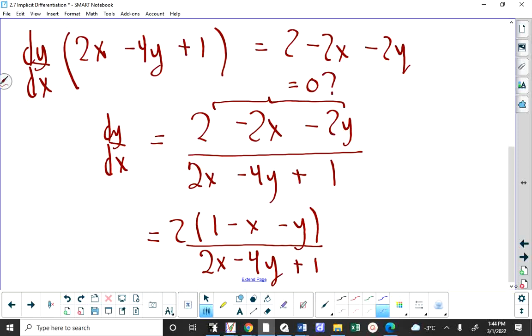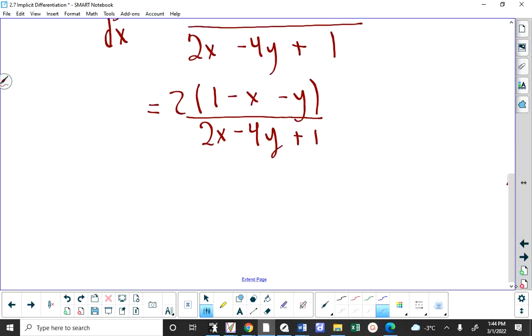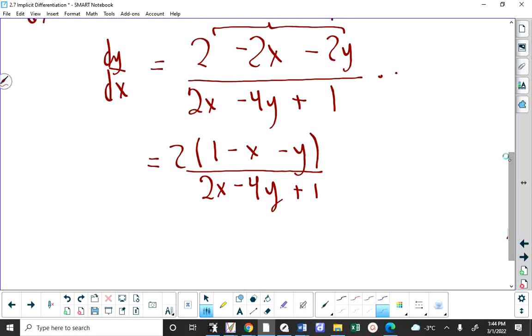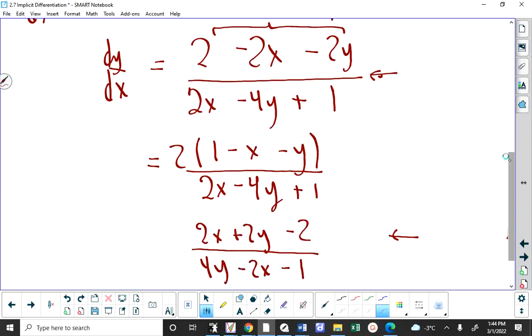By the way, if you decide to move stuff to the opposite sides, you will get instead 2x plus 2y minus 2 over 4y minus 2x minus 1. Every single term on the top and on the bottom of this will be opposite.